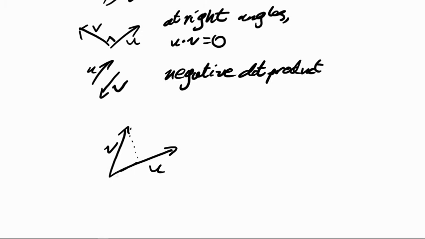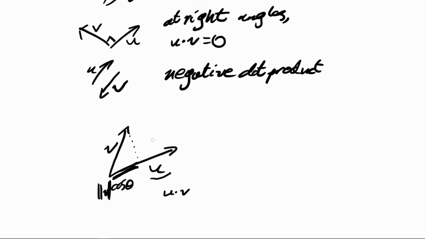Well, this line down here is actually equal to the cosine theta times the size of v. So if you then multiply this length by u, you get u dot v. And what's neat is that it doesn't actually matter which way round we draw this diagram.